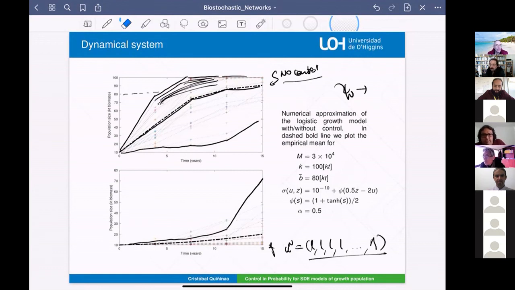So Pablo wants to make a comment. Two comments, but very quickly. I don't know if the salmon example is the best, because those are caged animals, and they are put there, they don't have a population dynamics.